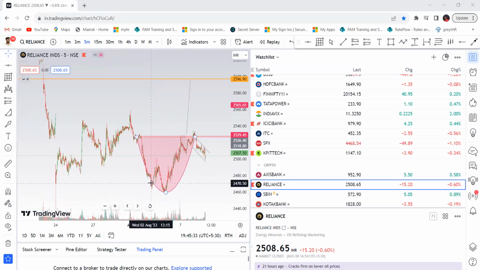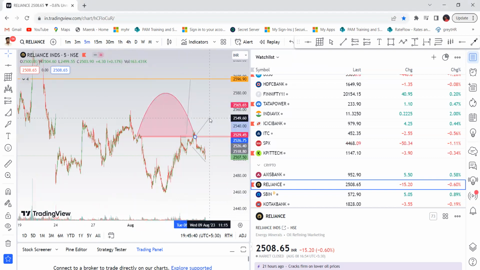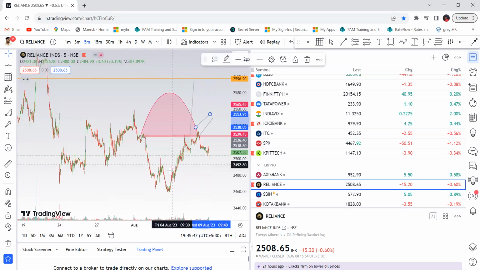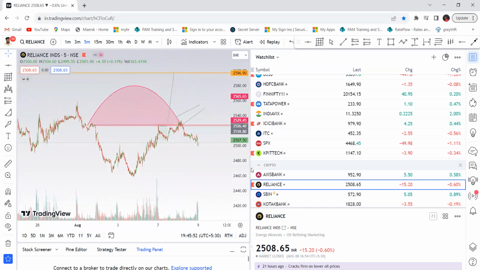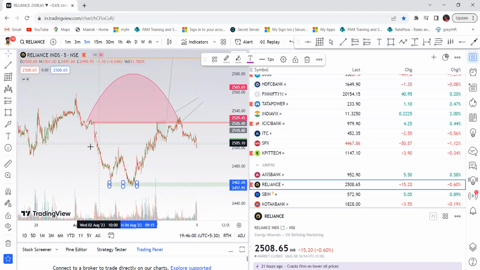So if the same thing forms above the resistance, if it forms like this, you measure this length and you keep the target low. See, we have seen a cup under the same chart. I can also see a double bottom here.